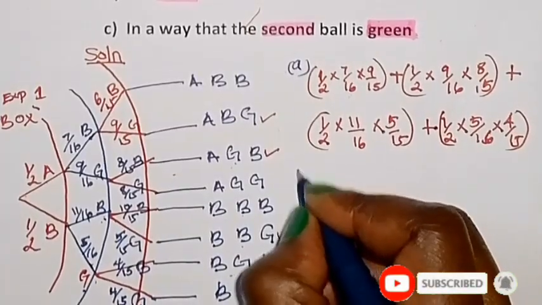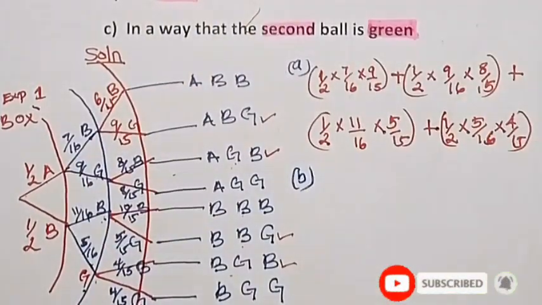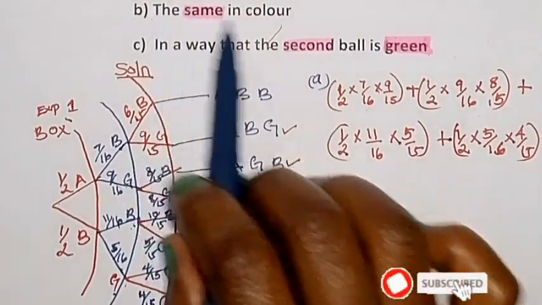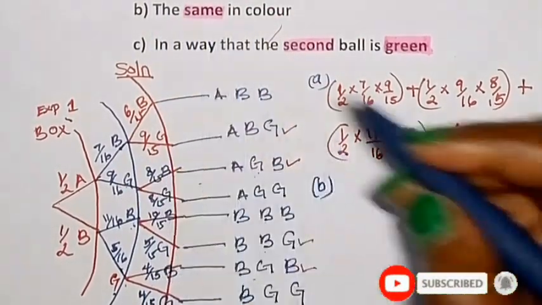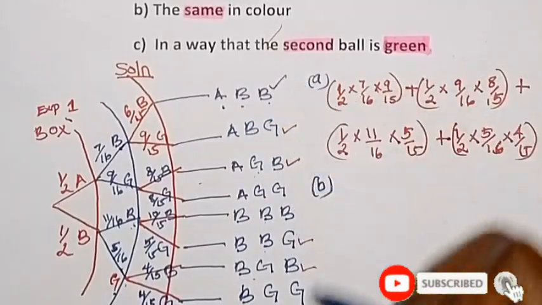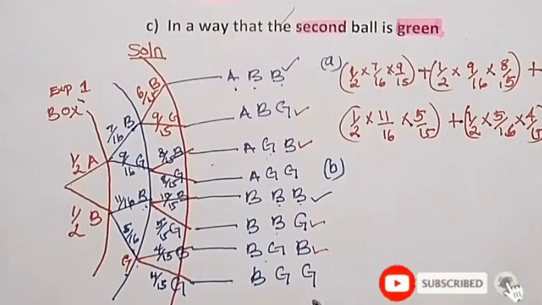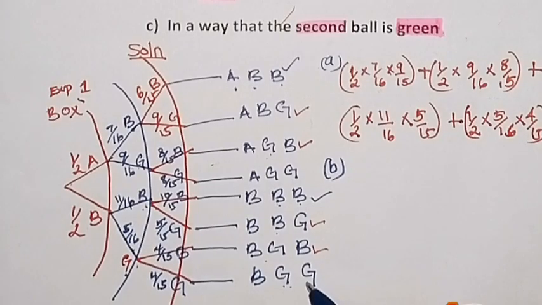From B, let's look at B before we simplify everything. From B, we are talking about same color. So we are going to have box A, brown, brown, same color; brown, brown, same color; green, green, same color.